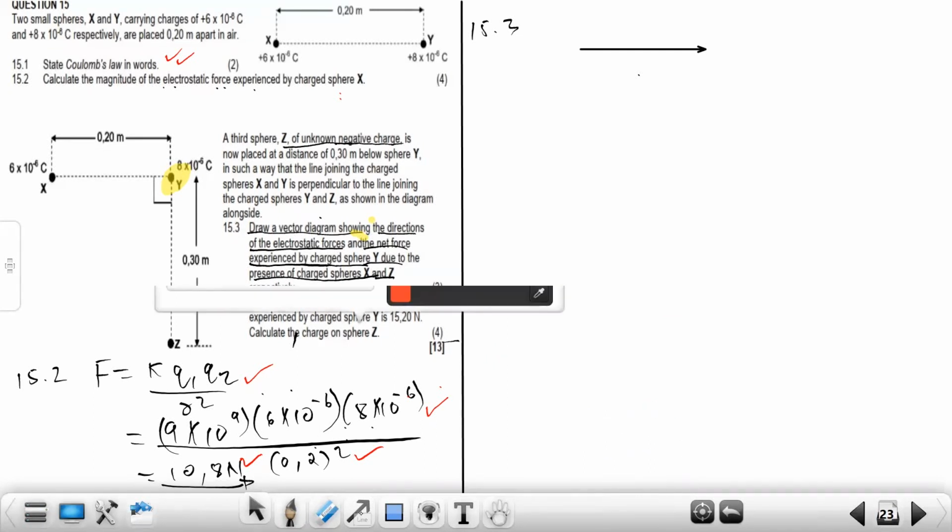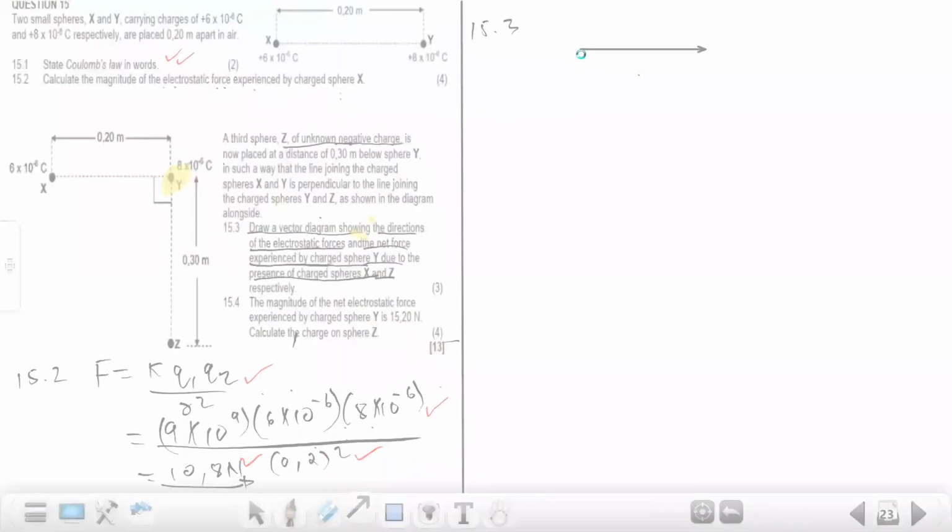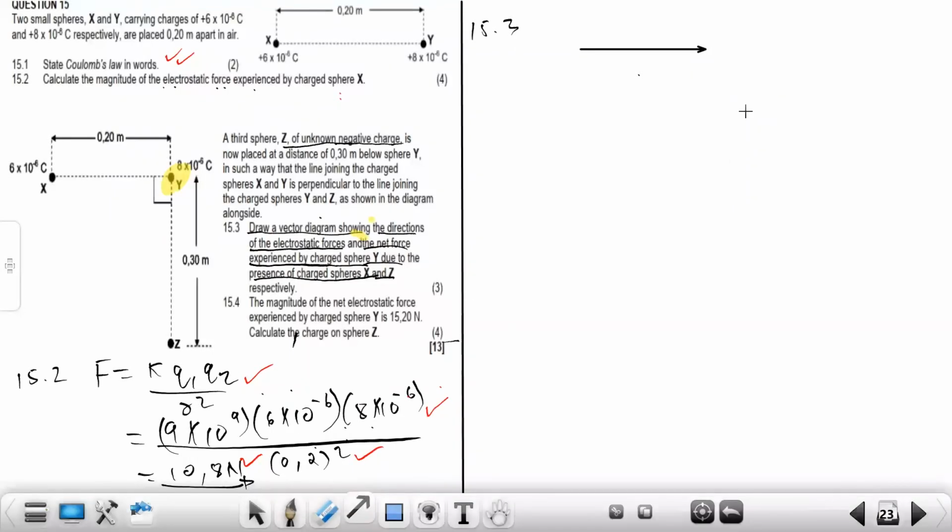And then I must have a force of Z on Y. But I know that Z is negative and Y is positive, so Y will move towards Z. That will be a force of attraction between the two. So Y will move towards Z and Z will move towards Y.